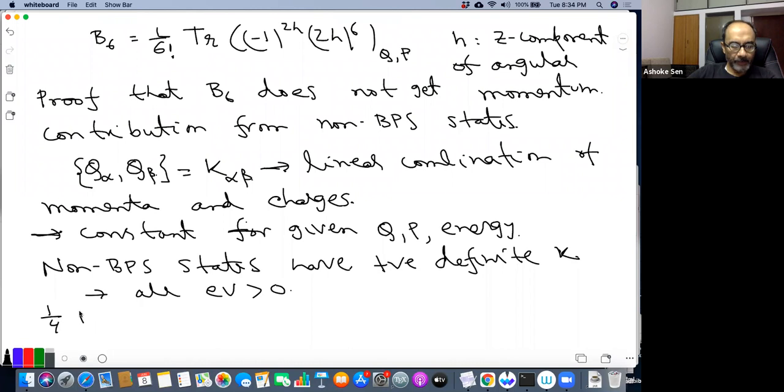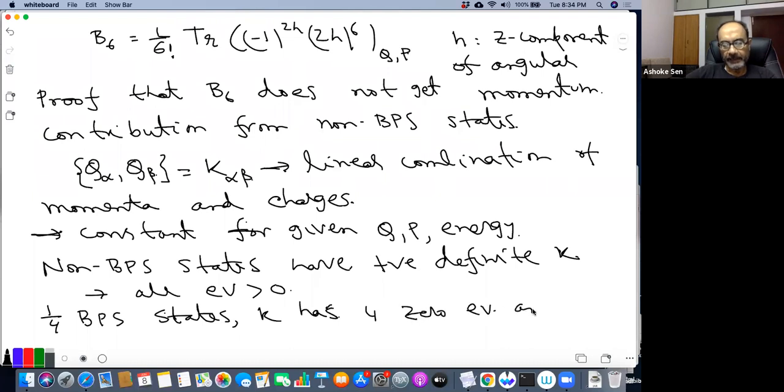Whereas for 1/4 BPS states, K has 4 zero eigenvalues and the rest positive eigenvalues. This will be important in establishing what you want to establish. So there's a consequence.